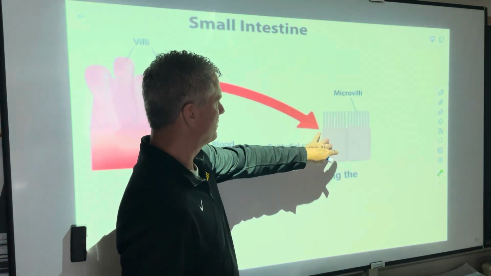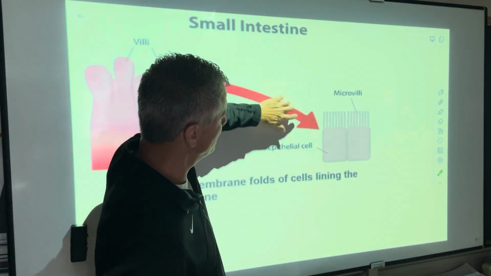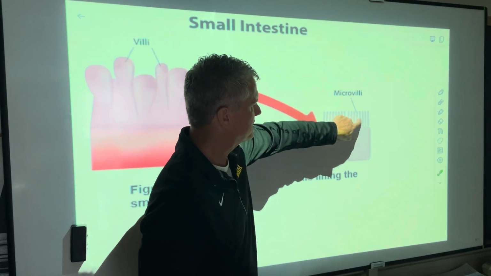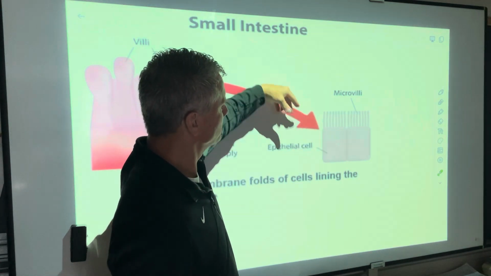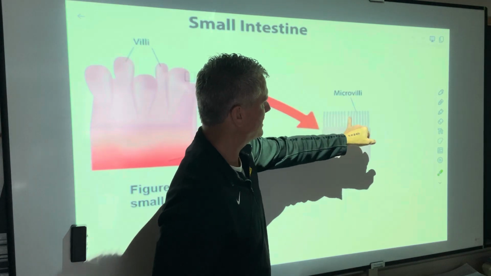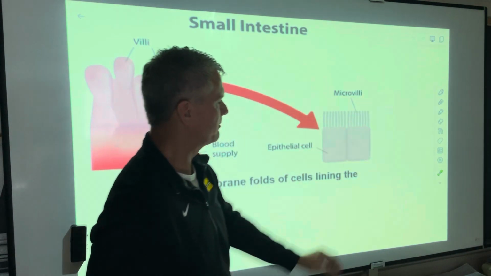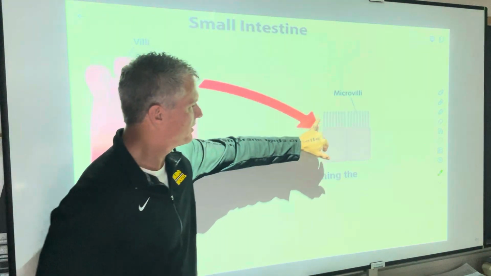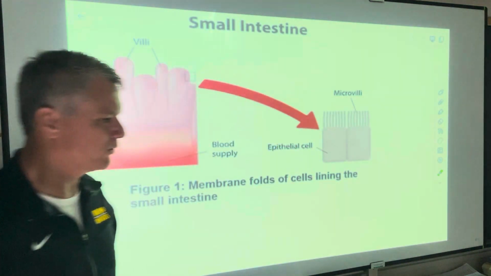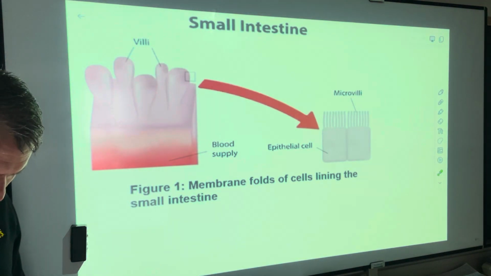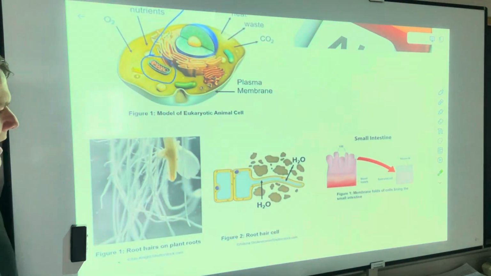Here's the epithelial cell, and you'll see that it has microvilli, which are kind of like root hairs. They're just extensions where it's folded, and then as the food passes through, it's coming into contact with more and more surface area, and it's able to absorb way more nutrients. And so Mother Nature's kind of figured out some go-arounds between the rule of volume versus surface area. Okay, I think that's it.